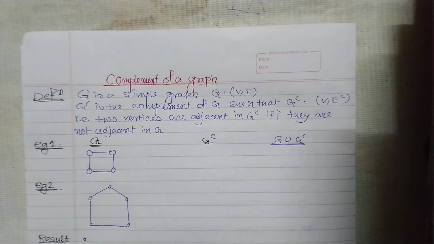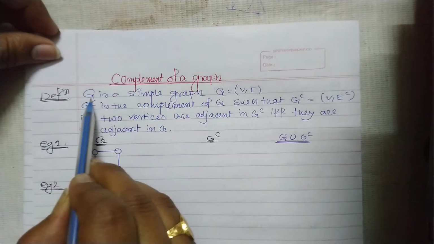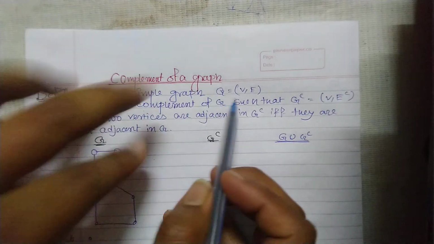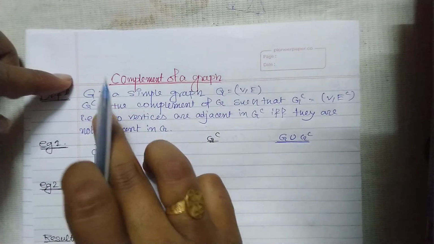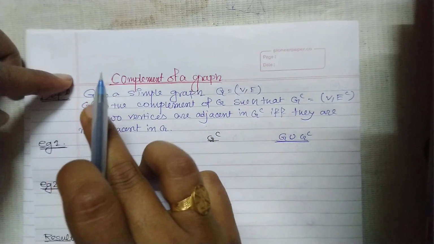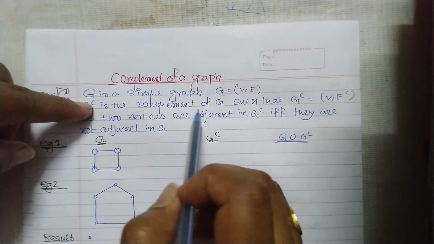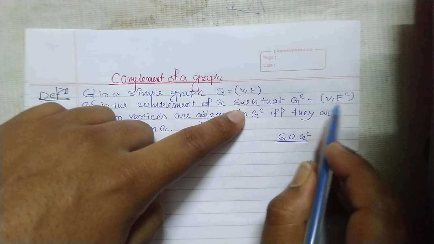Okay, so let's begin. As you can see the definition of the complement, let us assume G is a simple graph, that is V comma E, where V is the vertices and E is the edges. And G complement, or G to the power C, or G subscript C, is the complement of the graph G, such that G complement is V comma E dash.